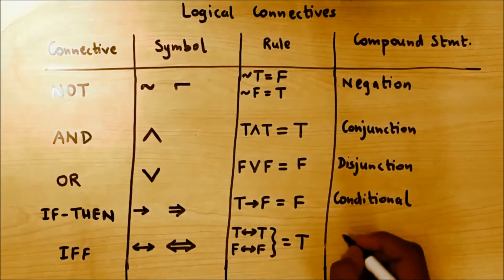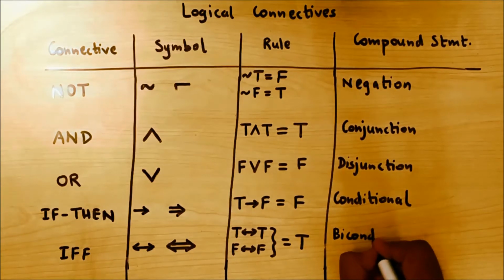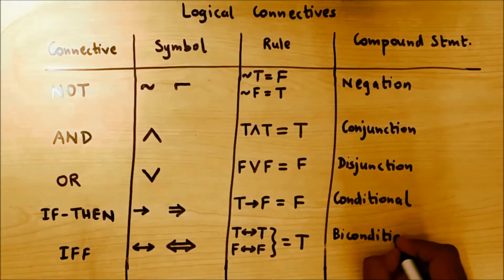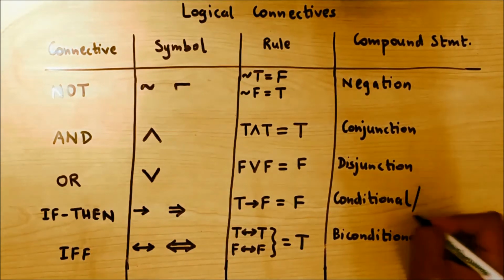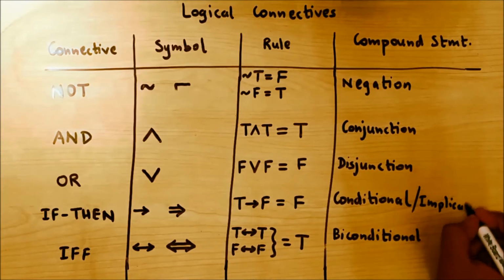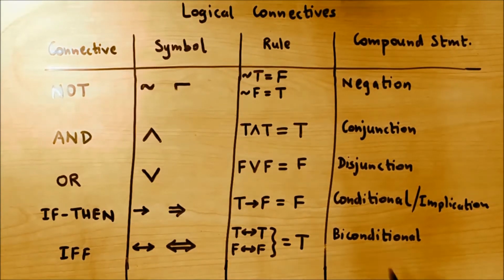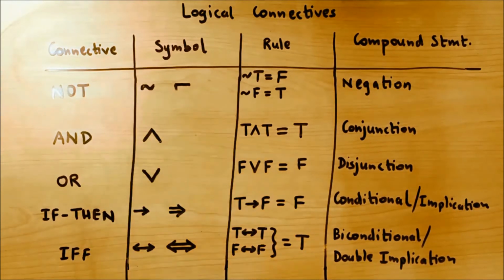And if and only if, now it's a two-way condition, so it is bi-conditional, or it is also called double implication. So these are the various logical connectives, right? Not, and, or, if then, if and only if. Easy, aren't they?